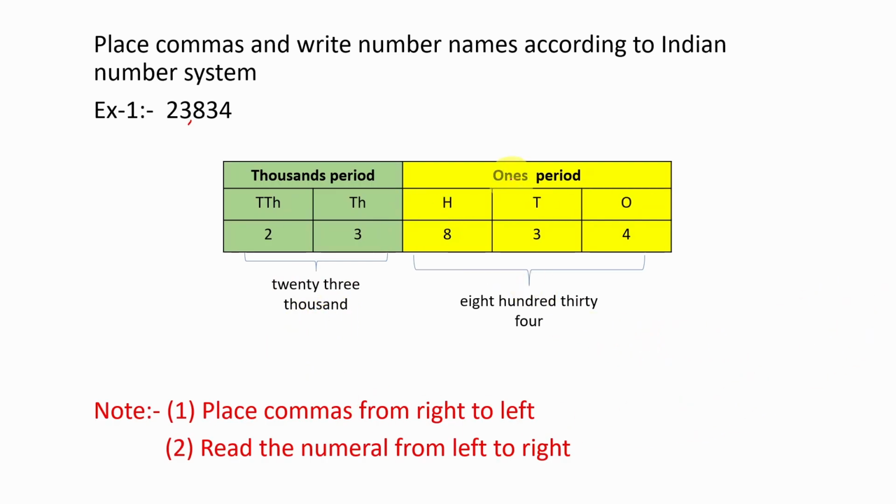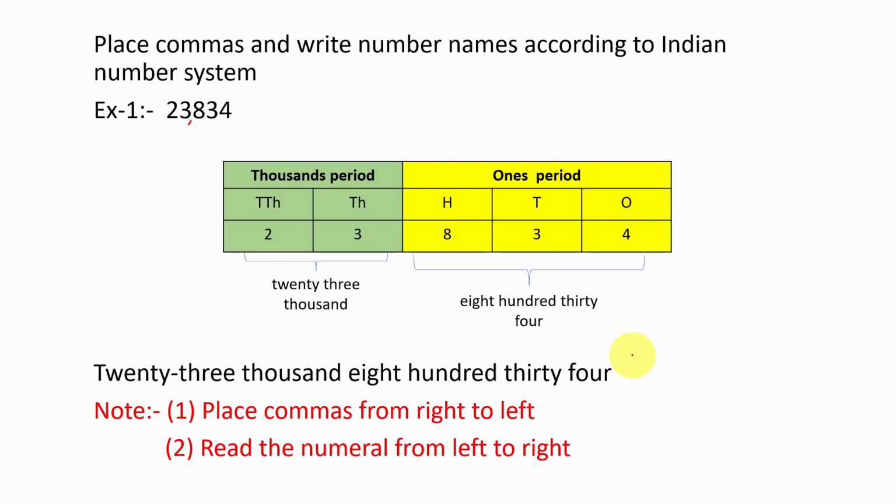Next comes the ones period. How to read this period? 834. Totally the number name is 23,834.